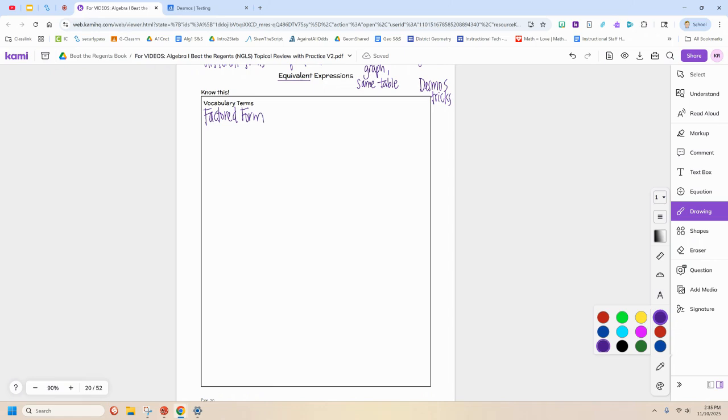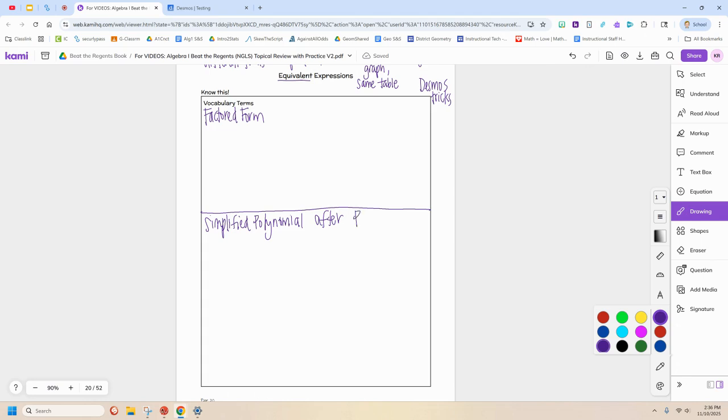Okay. And then if you just kind of want to break your paper into thirds here, the second type is going to be a simplified polynomial after adding, subtracting, multiplying, dividing.